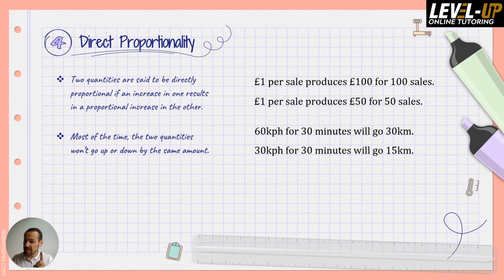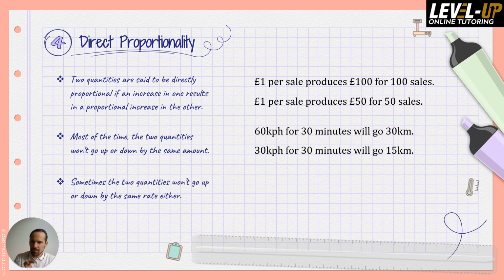So it's not the same number, but it is the same scale factor. And that's what we're looking at here. Like 60 down to 30, it's halved. 30 down to 15, it's halved as well. But again, you see they're going up. So the exact number won't necessarily be the same, but it's still going up and down. As one goes up, the other one goes up. As one goes down, the other one goes down.